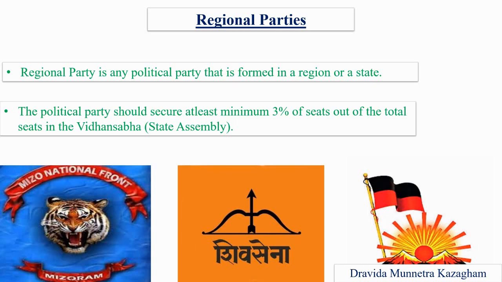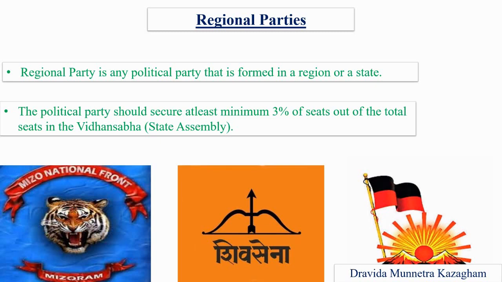The political party should receive at least 6% votes in the earlier Lok Sabha or state assembly elections, and minimum 2 members should be elected in the Vidhan Sabha, which is also known as the state assembly. The political party should secure at least 3% of the seats out of the total seats in the Vidhan Sabha or state assembly, or minimum 3 seats.